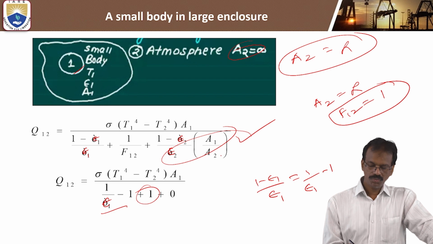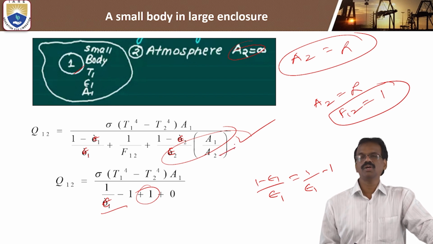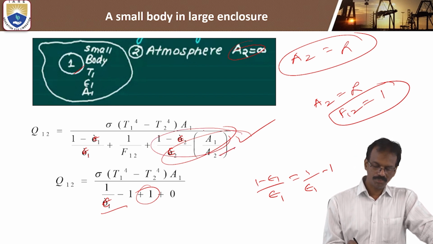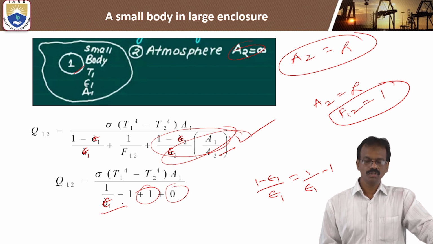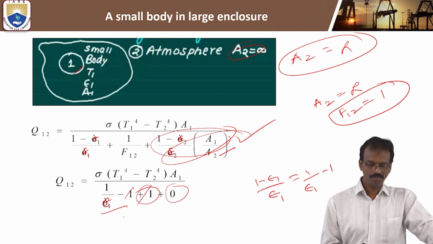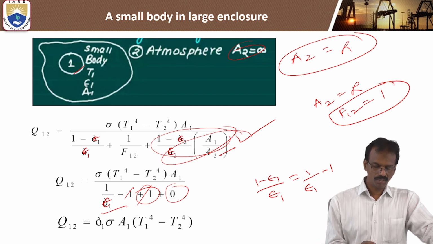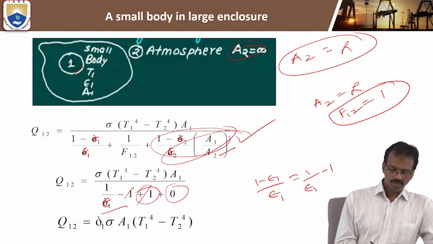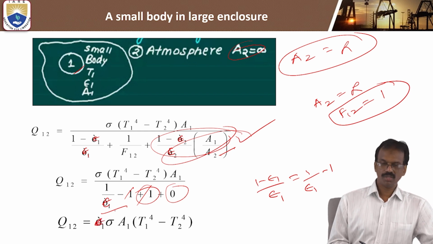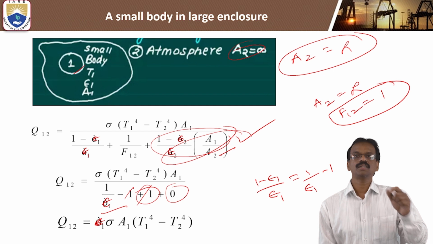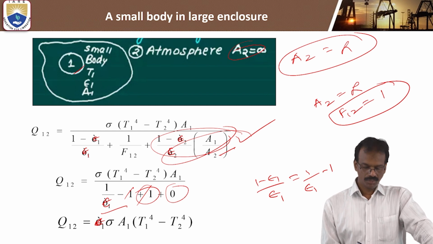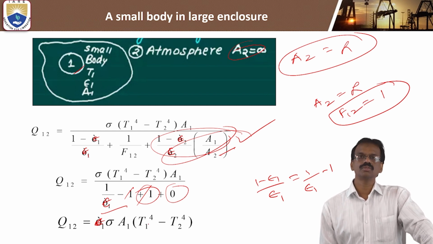Then A2 is infinity, so the total term will be 0. Then minus 1 plus 1 will be cancelled. Then epsilon comes into the numerator position. The final formula is epsilon 1 into sigma into A1 into T1 to the power of 4 minus T2 to the power of 4.